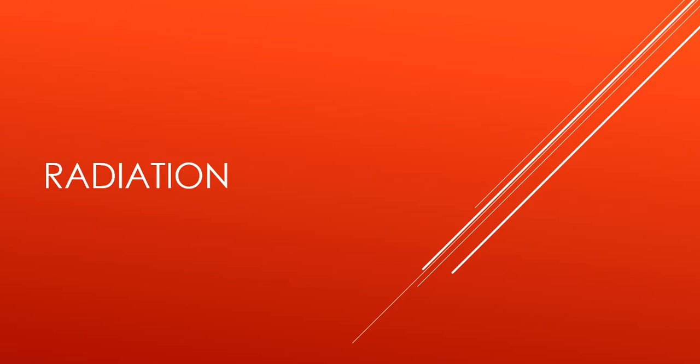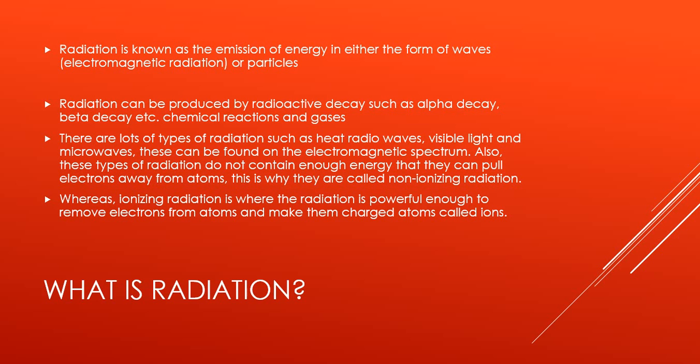I'll go back to the start just for a brief recap. Radiation is the emission of energy in either the form of waves or particles. It can be produced by radioactive decay, such as alpha decay.